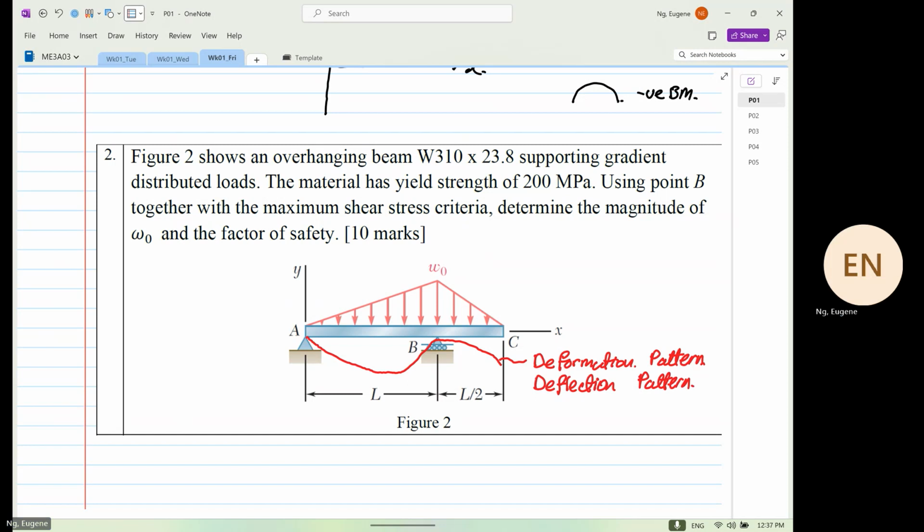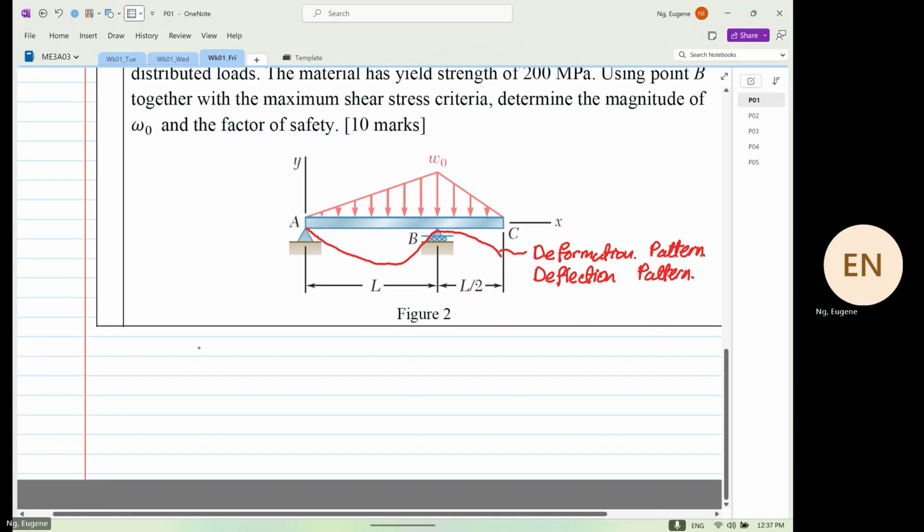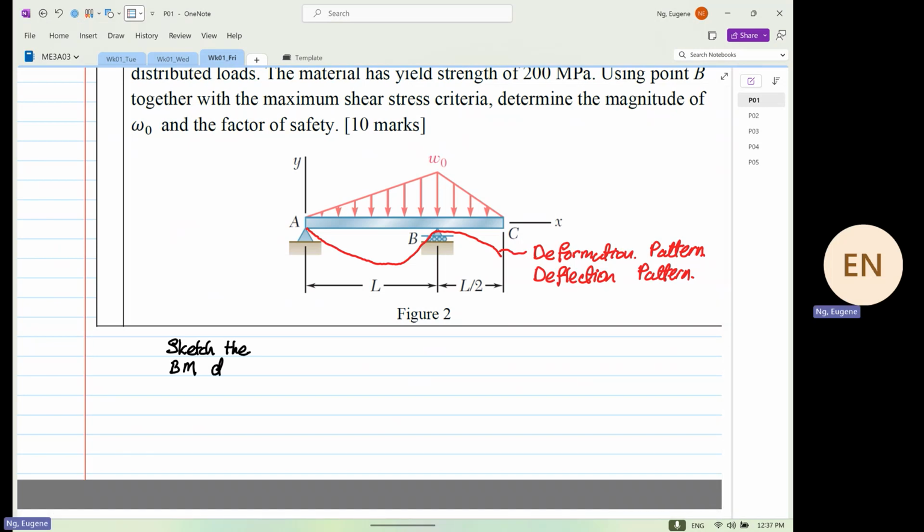With this, you can more or less have a sketch of your bending moment diagram. Yes or no? Now we are going to sketch the bending moment diagram.